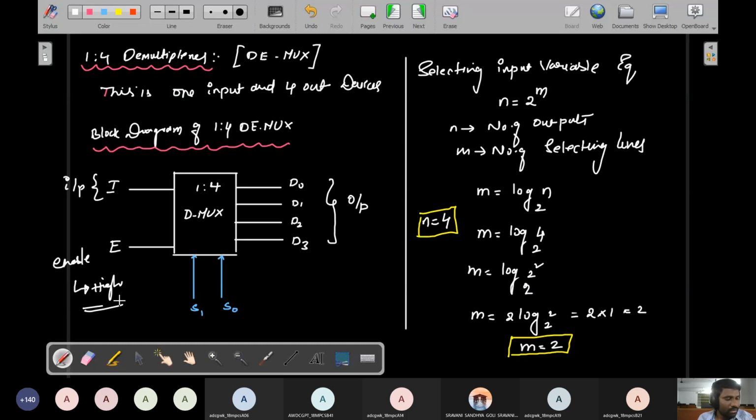So now 1:2 is over. Right now we are discussing about 1:4. In 1:4, first of all I want to draw the truth table of this demultiplexer. In the next page I draw the truth table.